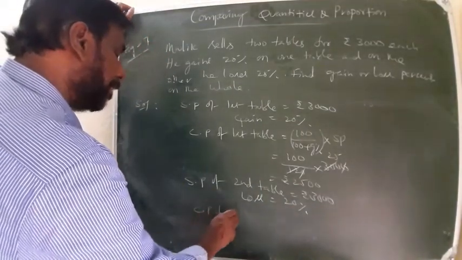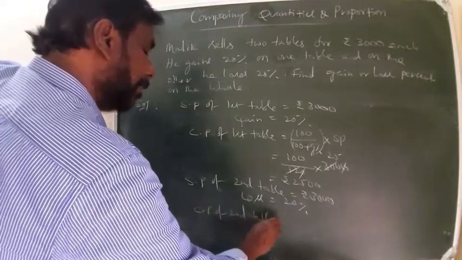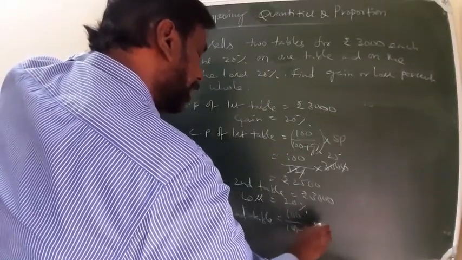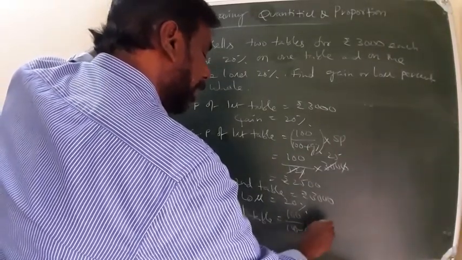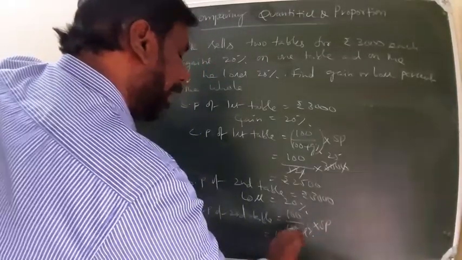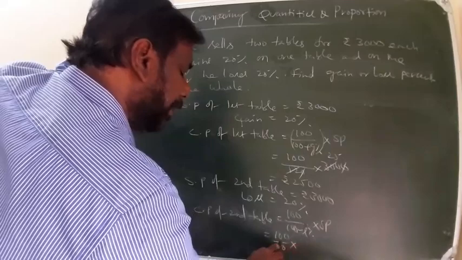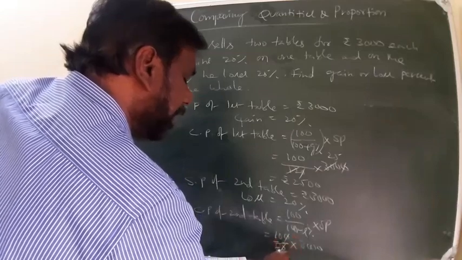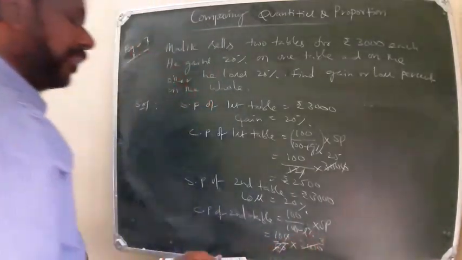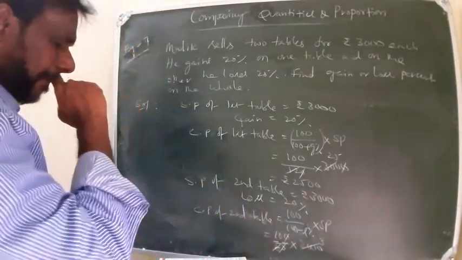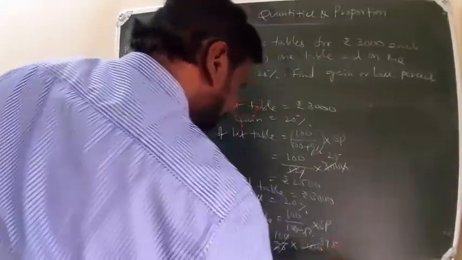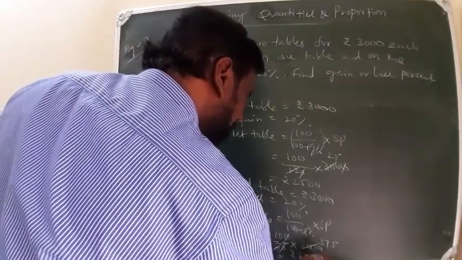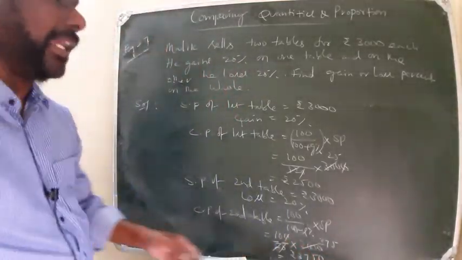So CP of second table, same formula, 100 by 100 minus loss percent into SP. 100 by 80 into 3000. 0, 0 cancel, 8 3s are 24, 8 7s are 56, 8 5s are 40. That is rupees 3750. This is the cost of second table.